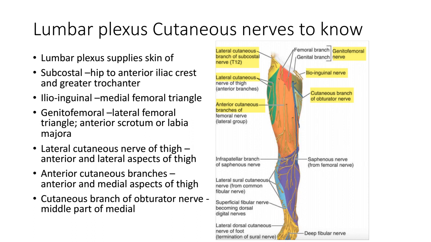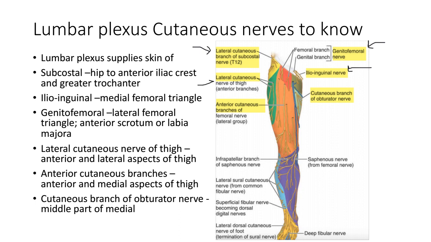The subcostal nerve is the nerve from the hip to the anterior iliac crest and the greater trochanter. The ilioinguinal nerve is monitoring the medial femoral triangle. The genitofemoral nerve is monitoring the lateral femoral triangle and the anterior scrotum in the males, or the labia majora in the females.